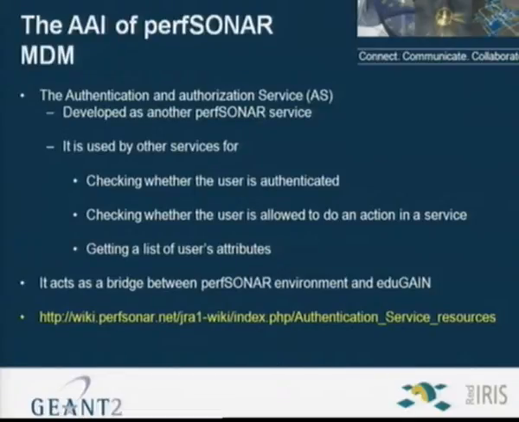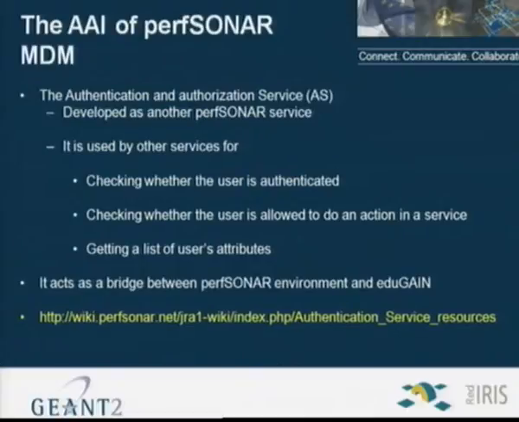We decided that the AS is the unique way to communicate with the eduGAIN trust model because they have a protocol oriented to network messages, and it doesn't make sense to mix different protocols because the complexity of the solution would go up, and I think it's not a good idea.